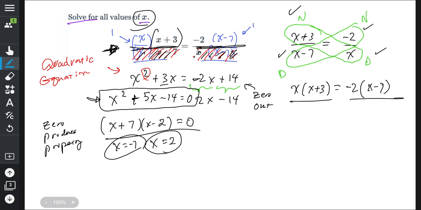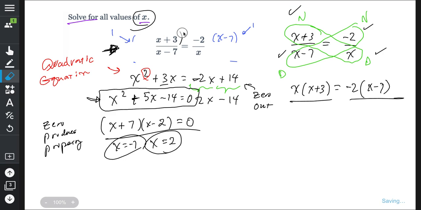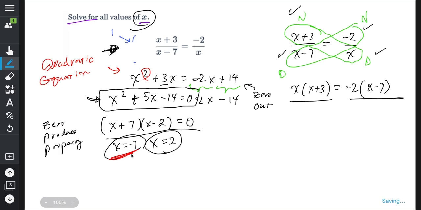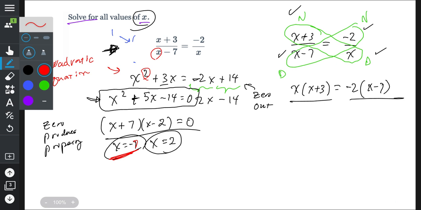The last thing that you should really do, this is a technicality, is make sure that these values do not make the denominator 0, okay? And it doesn't, right? Positive 7 would, but we have an answer of negative 7. And x equals 2, not a problem. So we've got two answers.